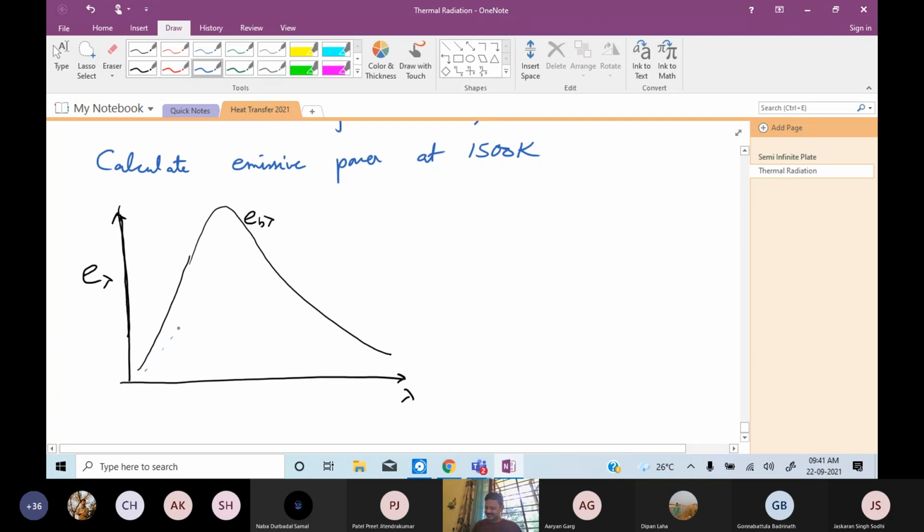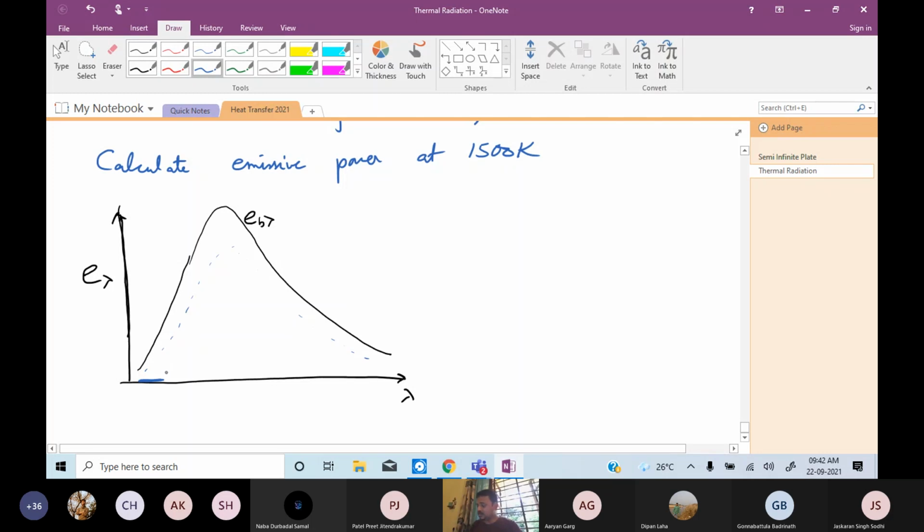Remember you were saying that the lambda max may be the same. That's not true for this case. Actually, from 0 till 0.3 microns it is 0, so I don't have any emissive power.